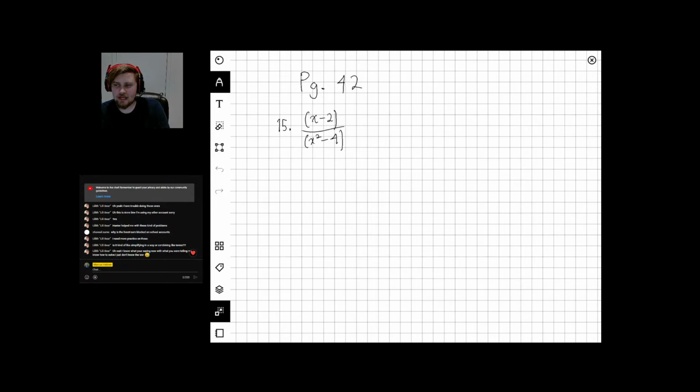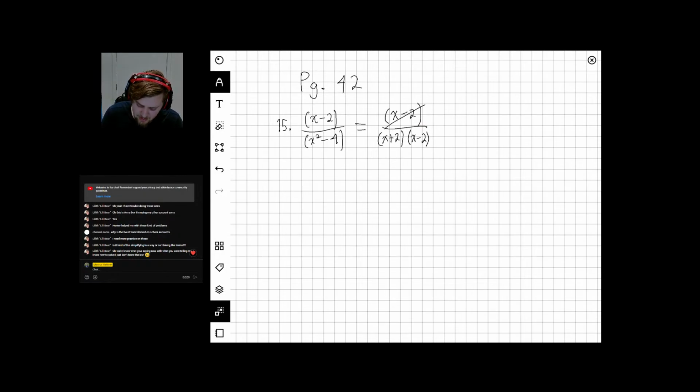Skipping straight to page 42, we've got rational expressions like this. They're usually wanting us to factor here, to cancel some factors out. So x squared minus 4, hopefully we recognize that as a difference of squares. So that's x plus 2, x minus 2.